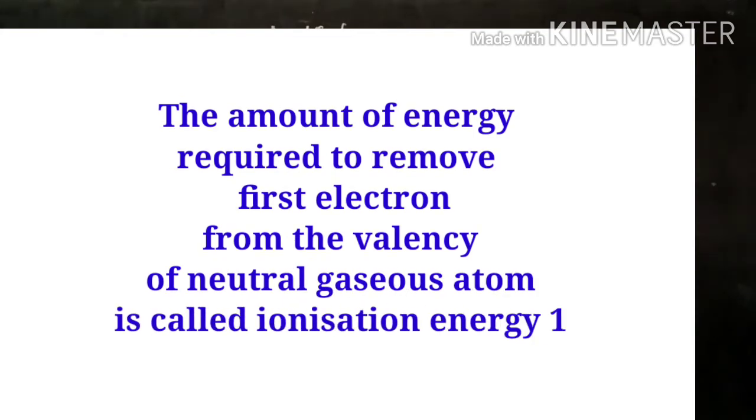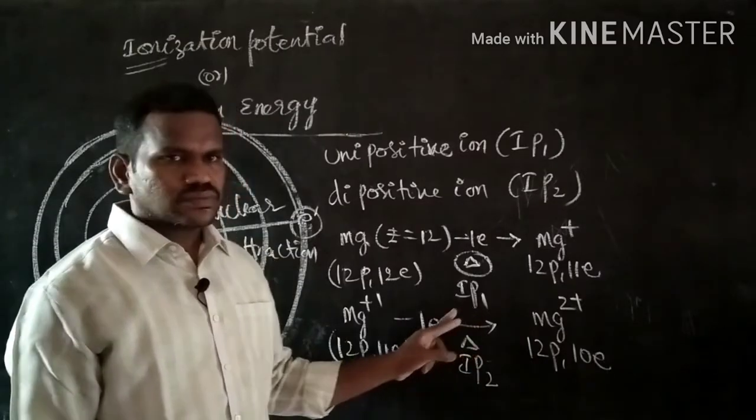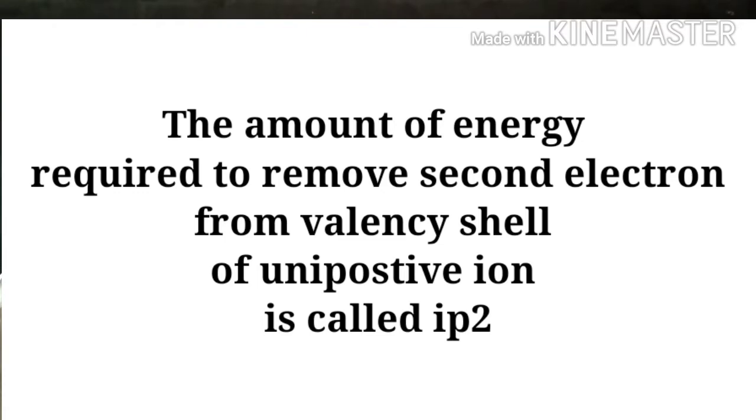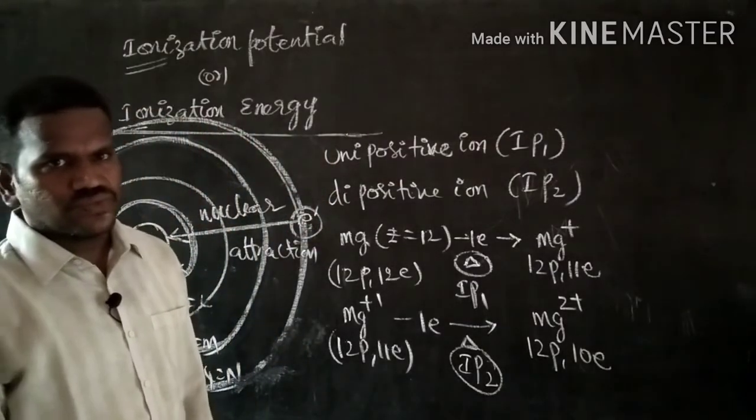The amount of energy required to convert a neutral gaseous element into a uni-positive ion is called ionization potential 1. The amount of energy required to convert a uni-positive ion into a di-positive ion is called ionization potential 2.